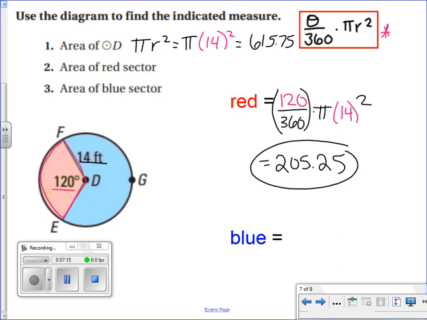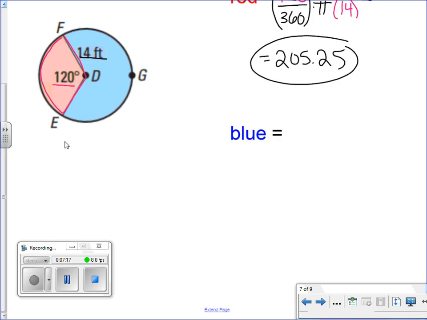Next, let's look at the blue sector. So once again, I'm going to have to figure out what is my theta of this blue sector. So 360 minus 120 ends up being 240.